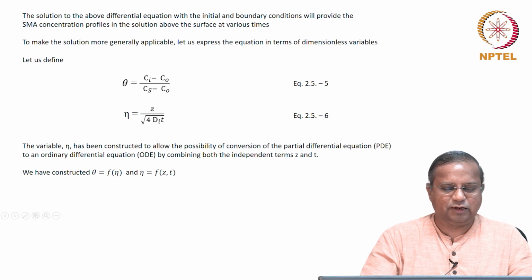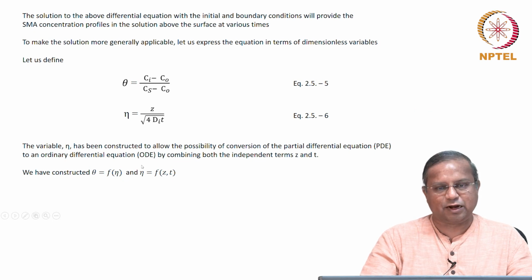So, we have constructed theta to be a function of eta, because Ci is a function of space and time, whereas eta again is explicitly a function of z and t. That is how we are starting out.